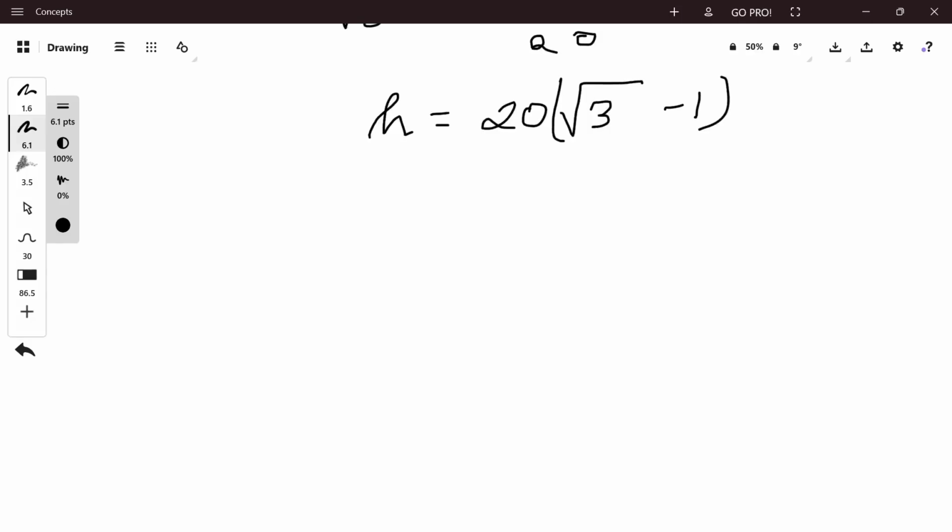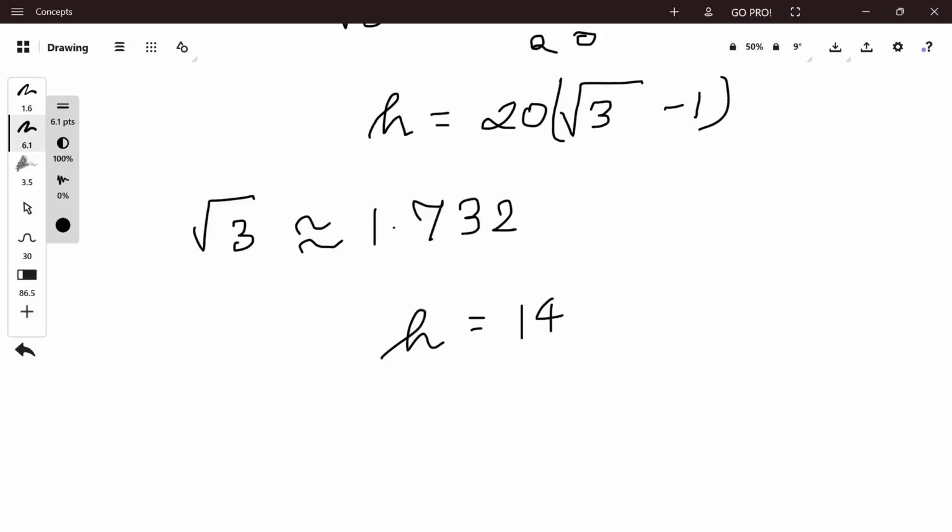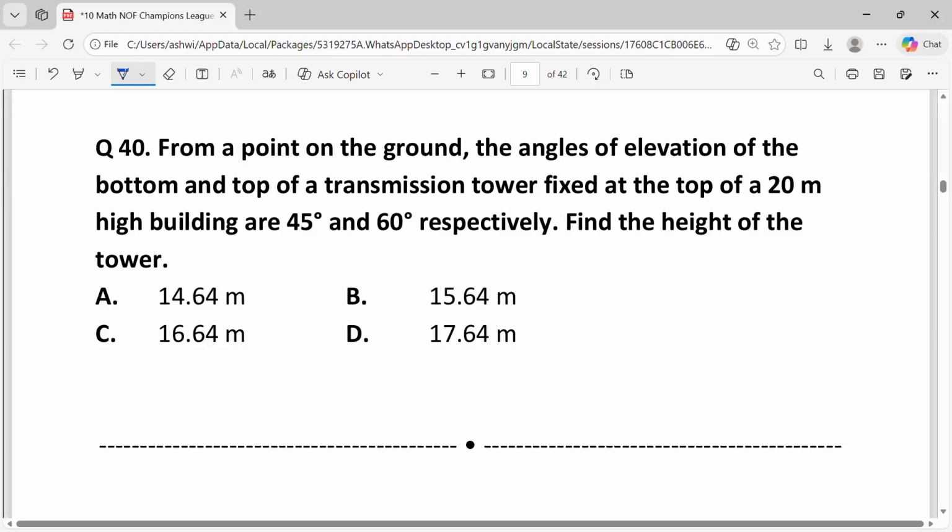Using the approximation of root 3 as 1.732, we get h equal to 14.64. From the given options, the answer is A, 14.64 meters.